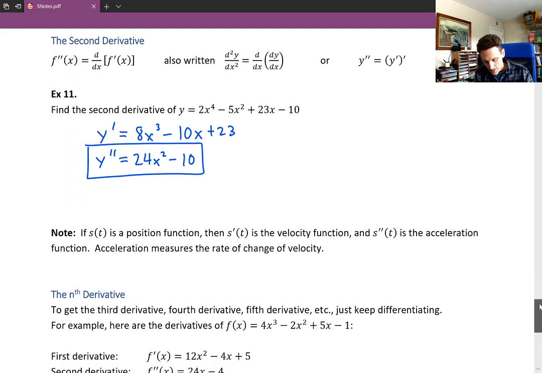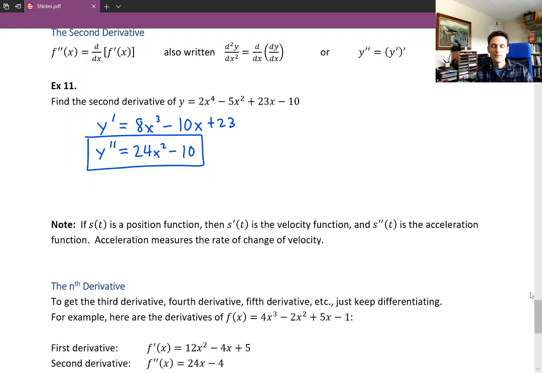Now when we talked about grounding our understanding of the derivative, we talked about the position function, which we used s of t to represent, and the velocity function, which we used v of t to represent. And we said that the velocity function really is just the first derivative of the position function. Now if you take a second derivative of the position function, or in other words, you take the derivative of velocity, you get what in physics they call acceleration.